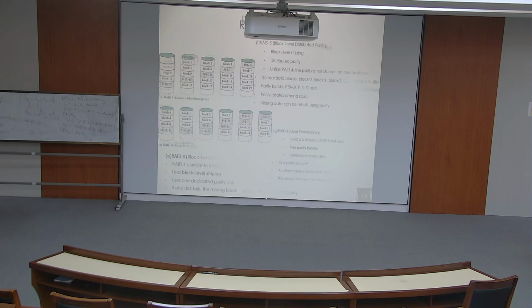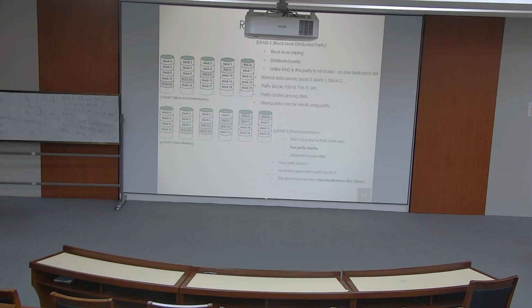So the next level is level 5. Level 5 is also block level, with distributed parity. Unlike level 4, the parity is not stored on one dedicated disk. Instead, the parity information is distributed among the disks.